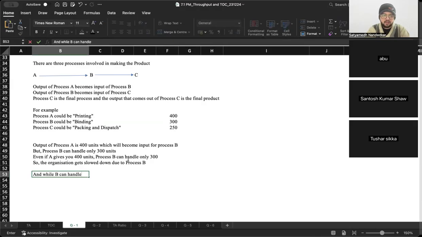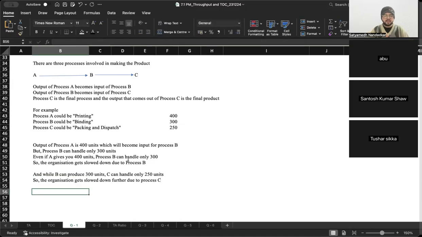And while B can produce 300 units, C can handle only 250 units. So, can I say that the organization gets slowed down further due to process C?